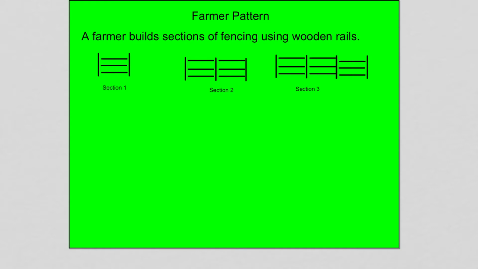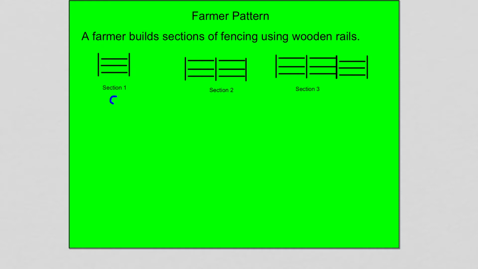So what we did is we started off with a pattern where a farmer was going to build a fence using wooden rails. In the first pattern, there was one section of fencing with a total of 5 rails: 1, 2, 3, 4, 5.